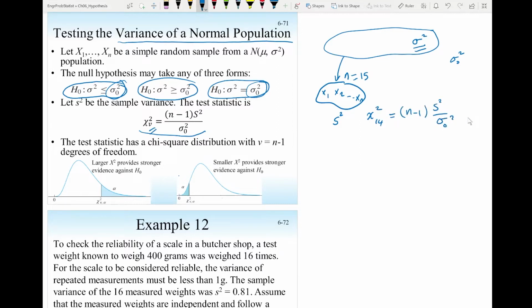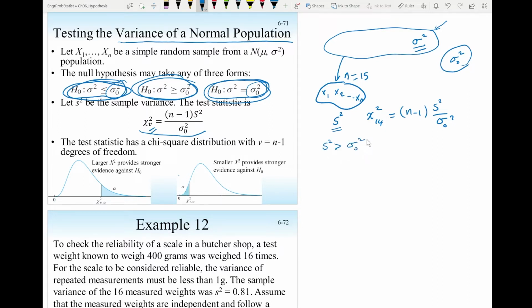Now, how do we set the null hypothesis? Which of these 3 do we choose? Well, usually the null hypothesis will go against the evidence collected from the sample or the claim of the company. So let's assume the variance of the sample came larger than this claimed number.